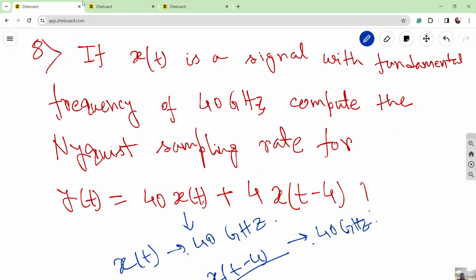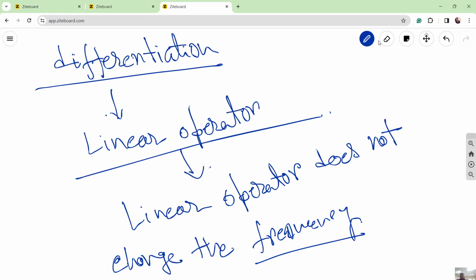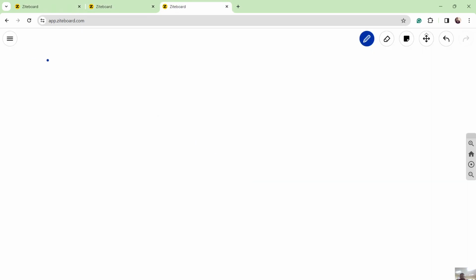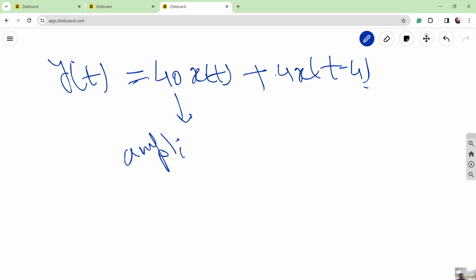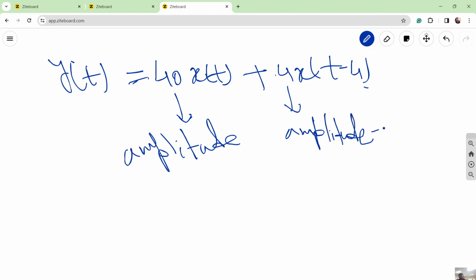So for the signal y of t, that is actually 40 x of t plus 4 x of t minus 4, for this the amplitude is only magnified, and for this amplitude plus phase information has been altered.